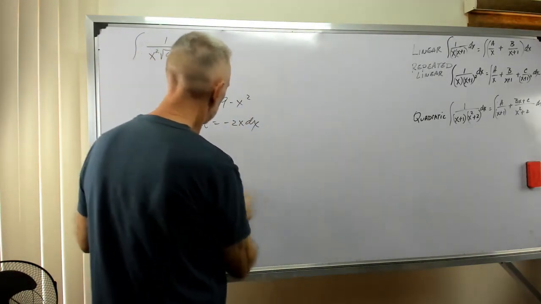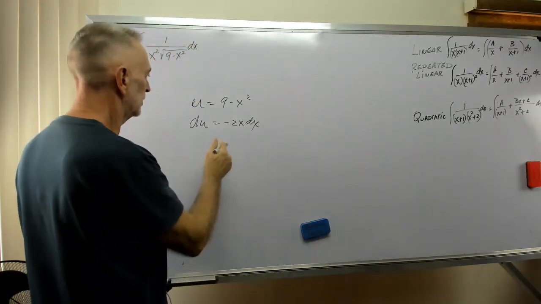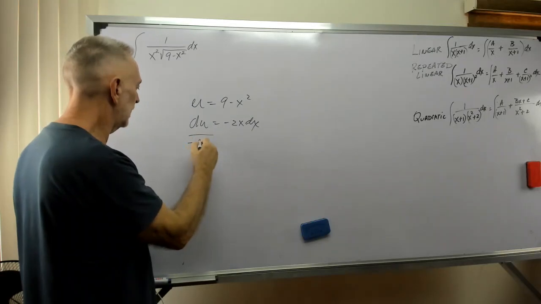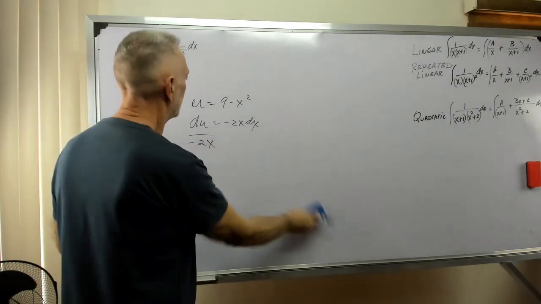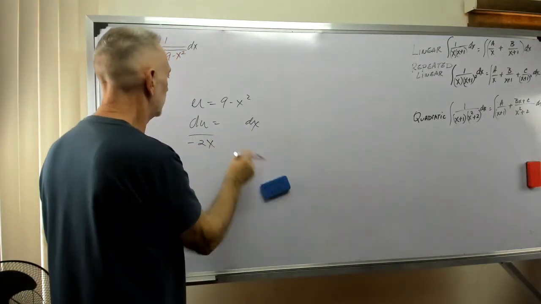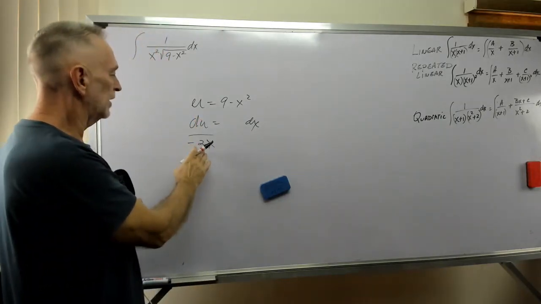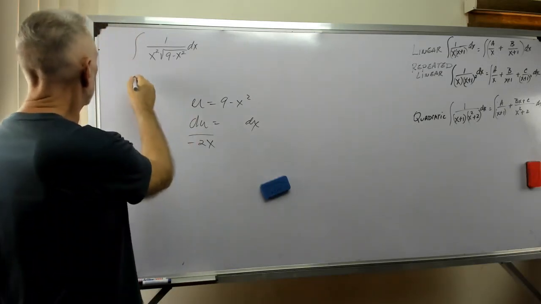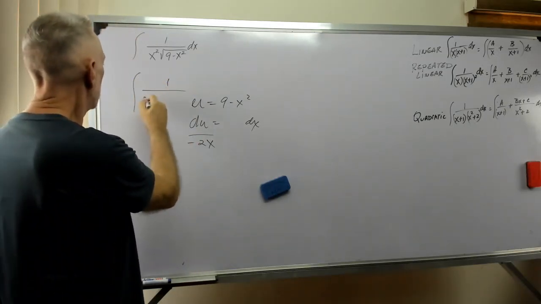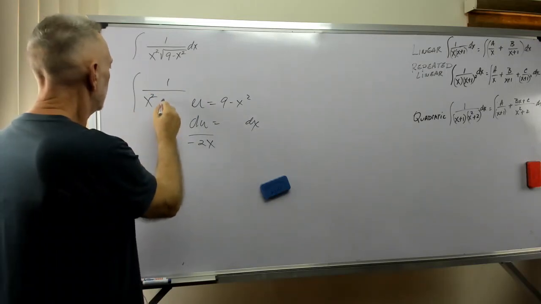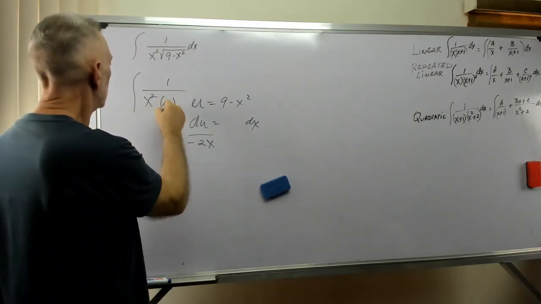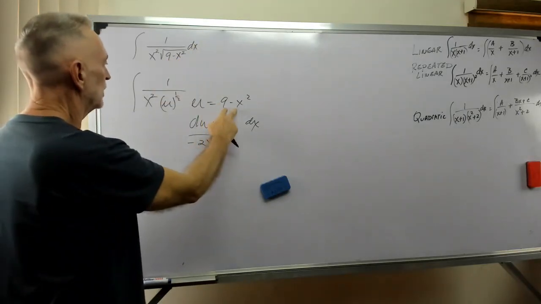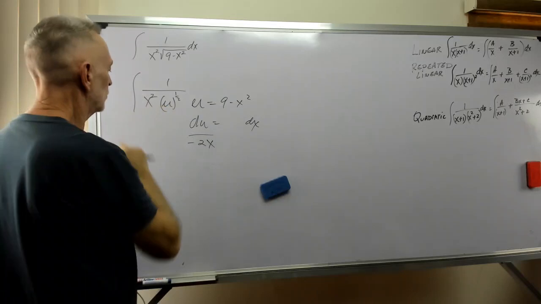Well, if we isolate dx, we divide both sides by negative 2. So if I divide that by minus 2x, divide by minus 2x, that cancels out here. So du over minus 2x equals dx. Wow, if I plug that in, integral 1 over x squared, then I have u to the 1/2, because u is 9 minus x squared, and it's under the radical sign.